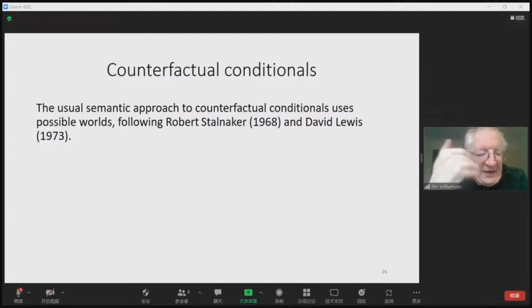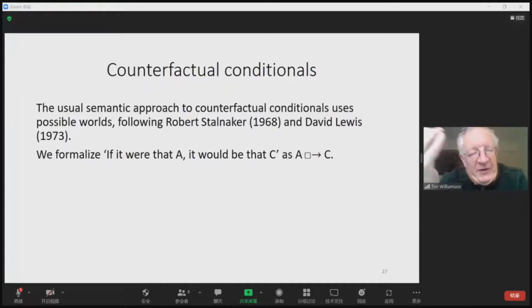And you remember that when we were looking at the counterfactual conditional, if Oswald had not shot Kennedy, someone else would have, that seemed in some sense to be talking about a counterfactual world, a world other than the actual world that we're in. Because in the actual world we know that Oswald did shoot Kennedy, but we can still ask, well, what would have happened if Oswald had not shot Kennedy? And so it's quite natural to use the apparatus of possible worlds, once you have it, to try to understand what's happening with counterfactual conditionals.